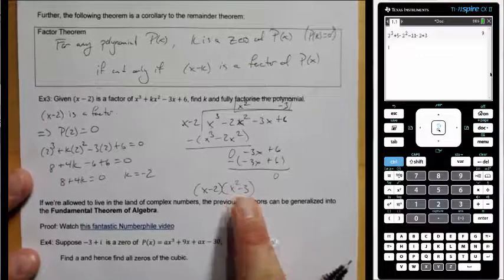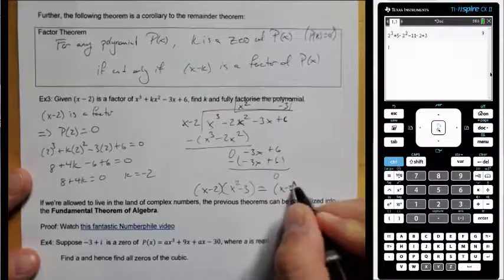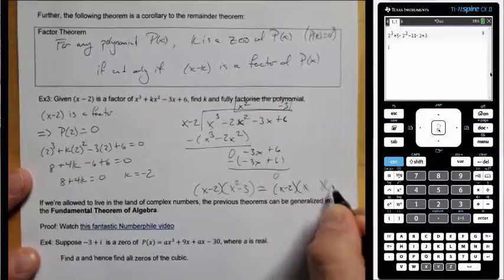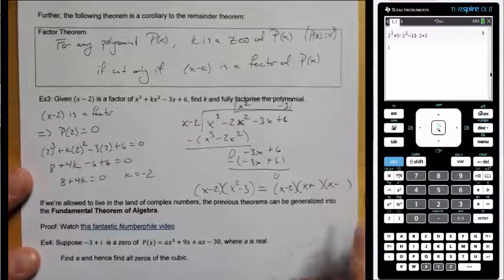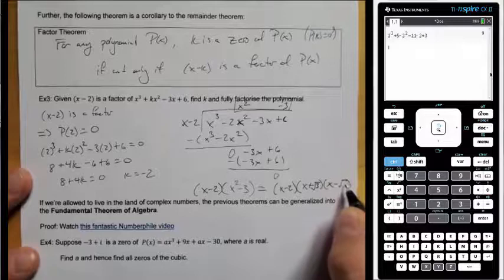And you can factor this further by using the difference of two squares. 3 doesn't have a perfect square root, but no harm, no foul in using the square root.